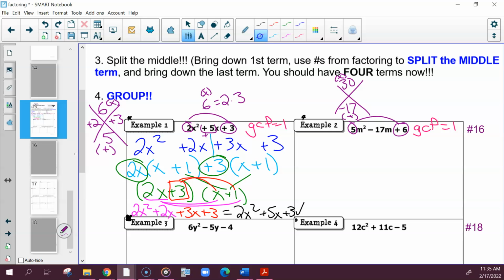Remember, if you're not sure about your factors, start dividing. 30 divided by 1, divided by 2, divided by 3, 4. Keep going until you find all of your factors of 30.